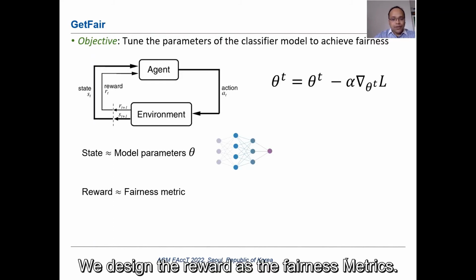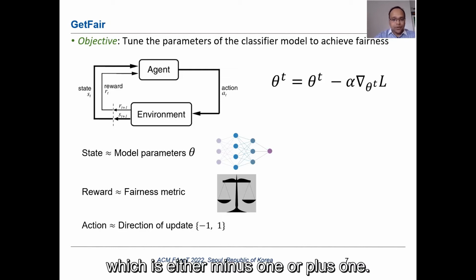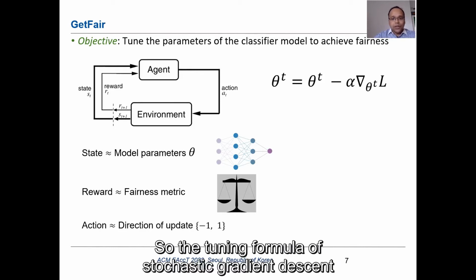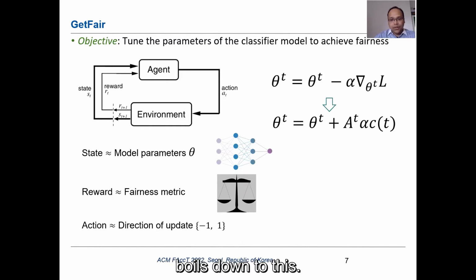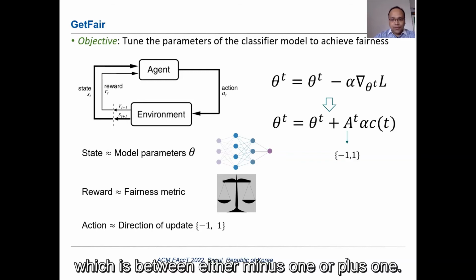We design the reward as the fairness metric. And finally, the action determines the direction of the update, which is either -1 or +1. So the tuning formula of stochastic gradient descent boils down to this. We update it based on the action taken, which is either -1 or +1.